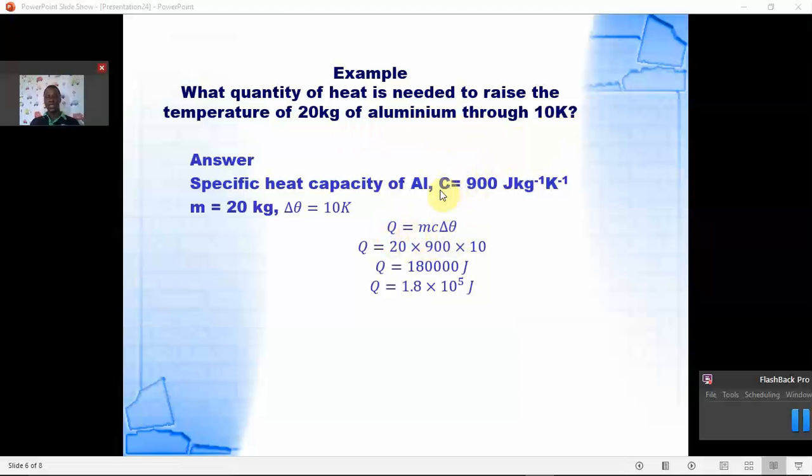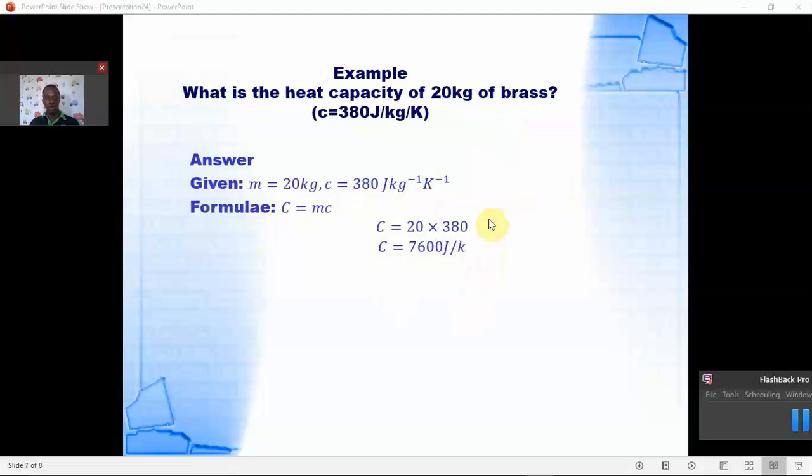From standard tables, the specific heat capacity of aluminum is 900 joules per kilogram per Kelvin. The mass is 20 kilograms. So Q, putting into our formula, 20 times 900 times 10, gives you this, and this is your answer in standard form.